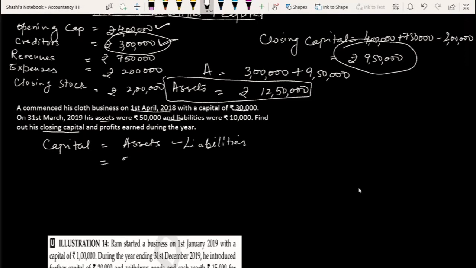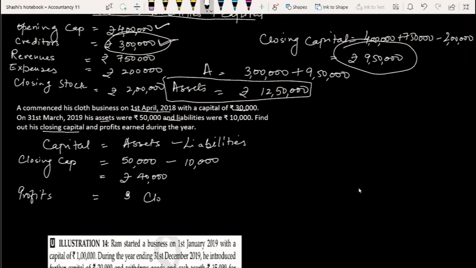Closing assets are 50,000 and closing liabilities are 10,000, so the closing capital is rupees 40,000. Now for the profits: the starting capital was 30,000 and now it is 40,000.